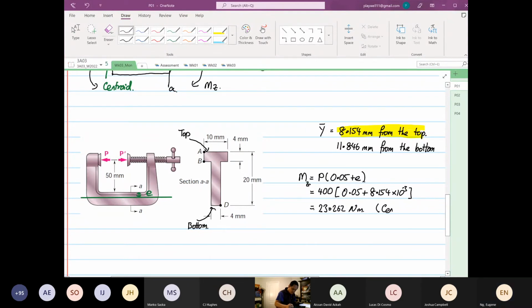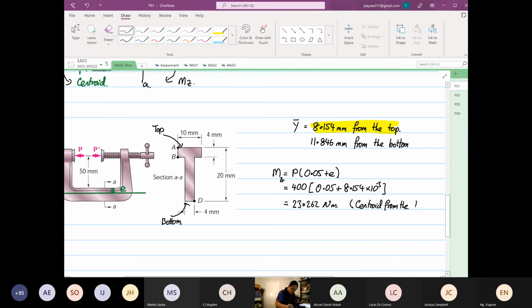So this is the centroid from the top. If we take Mz from the centroid at the bottom, the answer will still be the same.